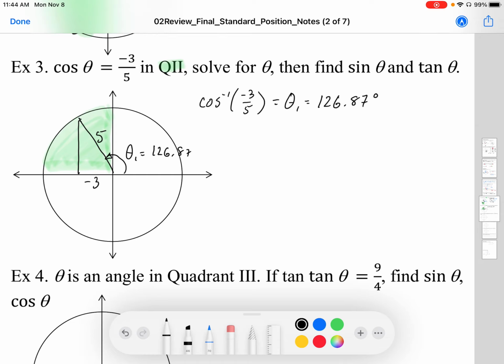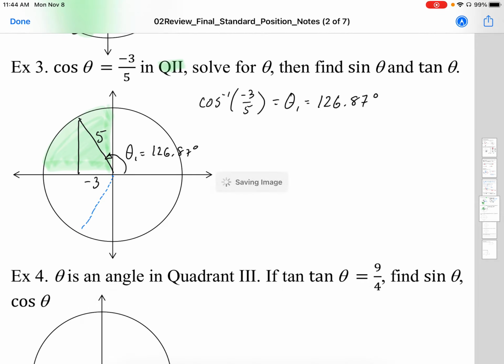So I'm done. Just to be complete here though, I'm going to sketch in that negative 3 over 5 could have been in this quadrant here, locating that position because of the symmetry of cosine folding along that horizontal line. So we don't want that angle.